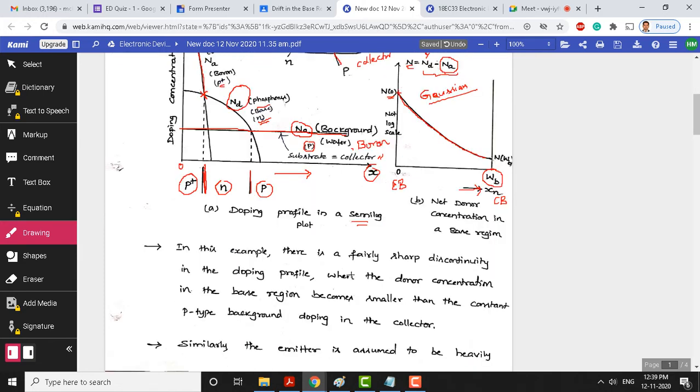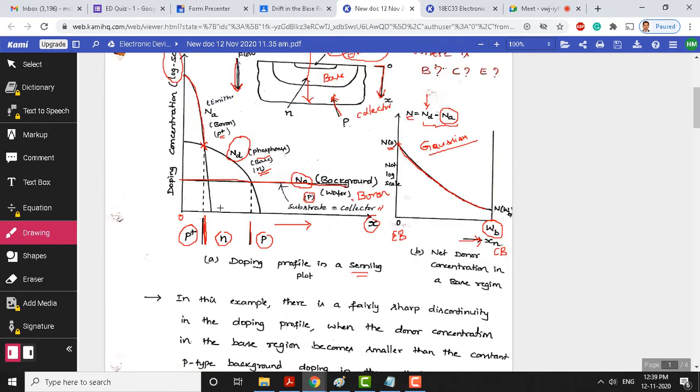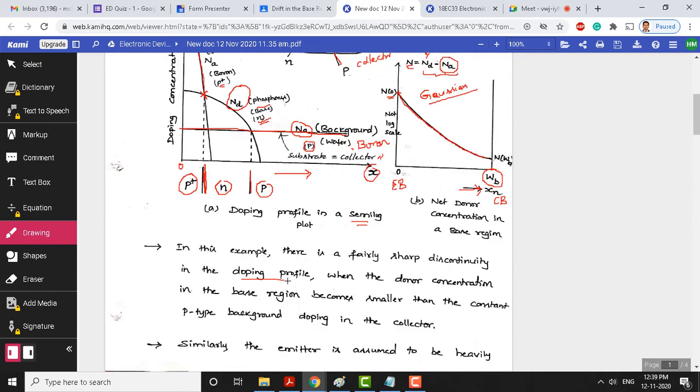There is a sharp discontinuity, because the emitter region is not propagated much deeper into the base region. We see a sharp discontinuity from emitter to base, and a very sharp discontinuity from base region to collector region. That is shown in the doping profile here.